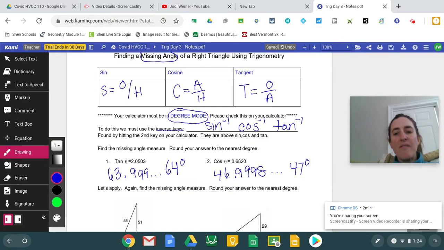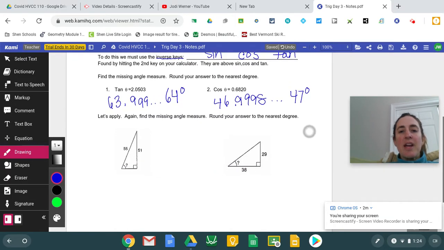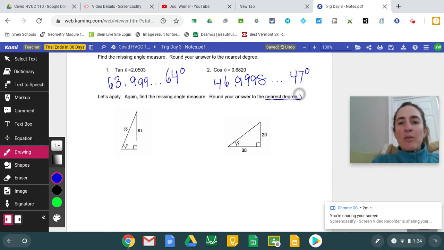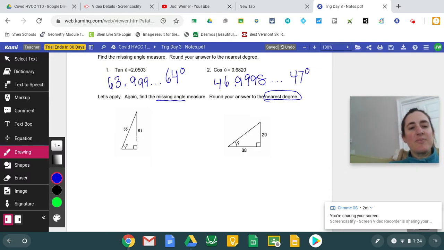Now that we are using the keys correctly, let's apply it to a problem. Again, we're going to find the missing angle. Whenever we're finding an angle, we're going to round it to the nearest degree. If we're finding a missing side, like yesterday, we rounded to the nearest tenth, but we're going with degrees for angles. We set these up the same way. This little question mark is my reference angle in the picture.